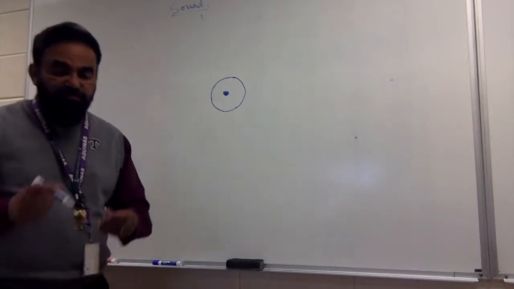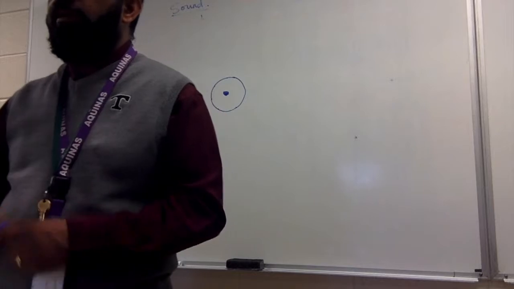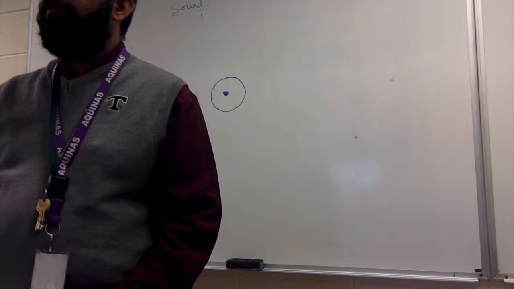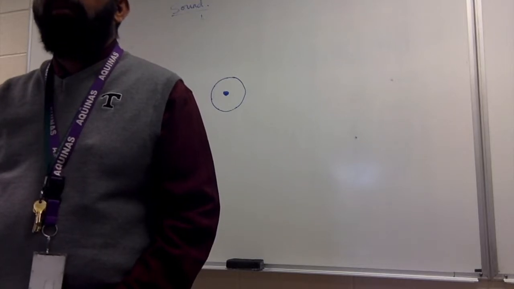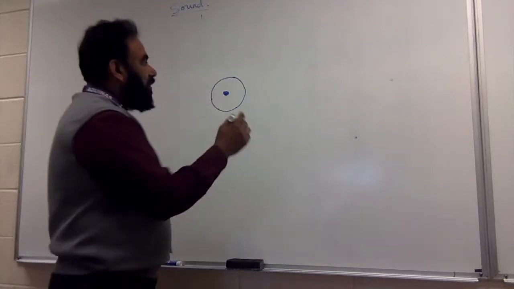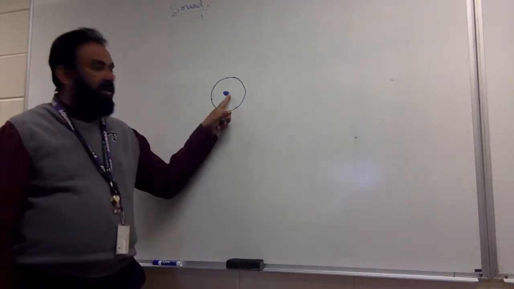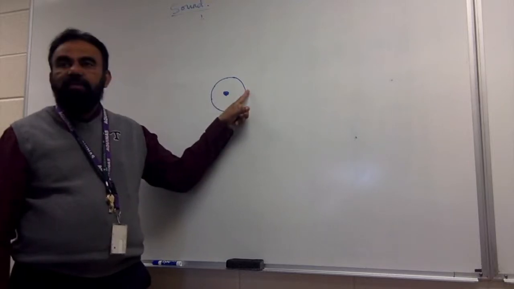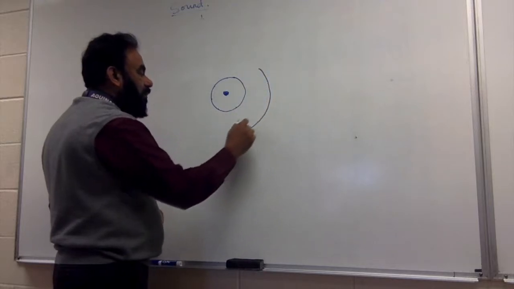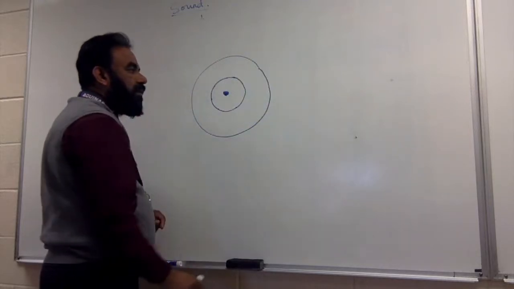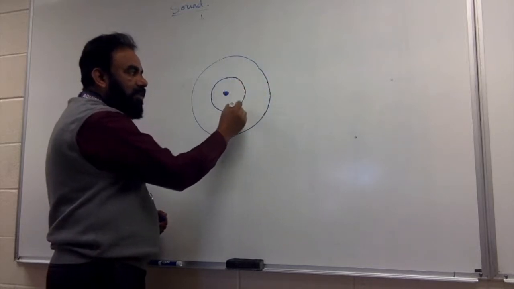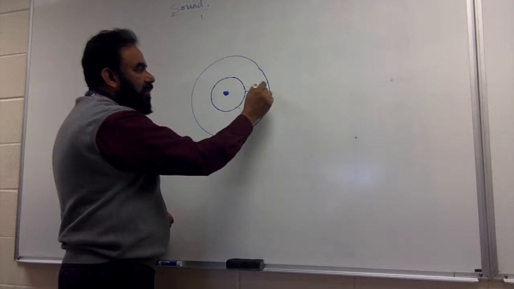How far will a wave move in one time period? Can you look back into your notes and find out? How far will a wave go in one time period? One wavelength. Very good. So, if it takes one time period for this wave to go here, and another time period, this wave will go here. So these are the compressions. These are the next compressions. What's the distance from here to here?